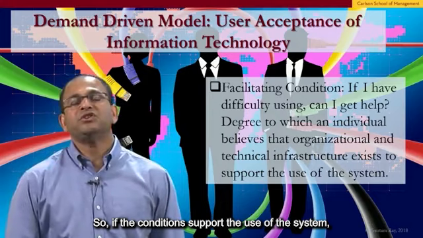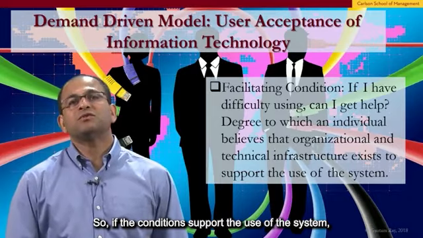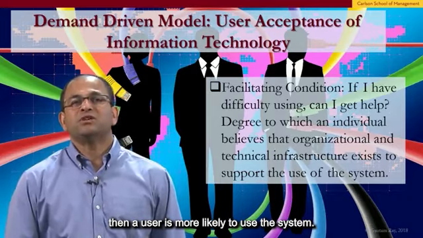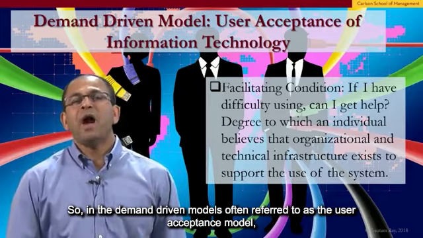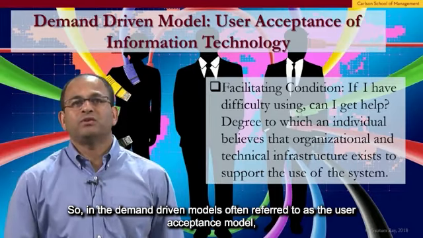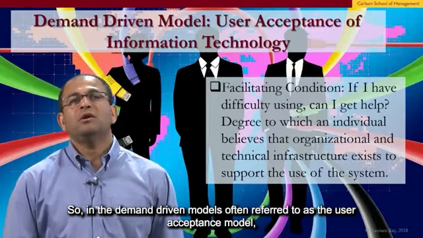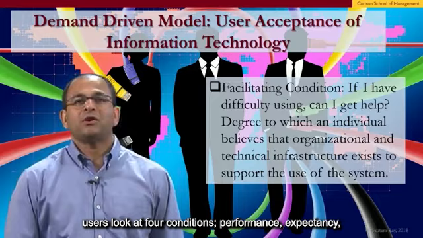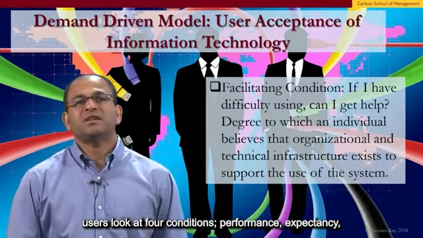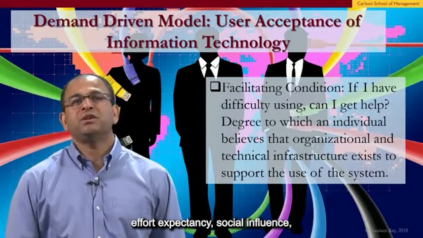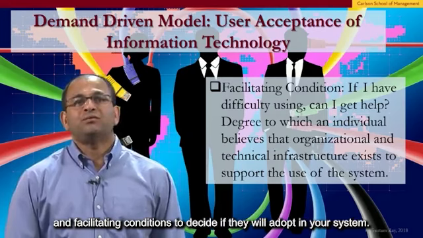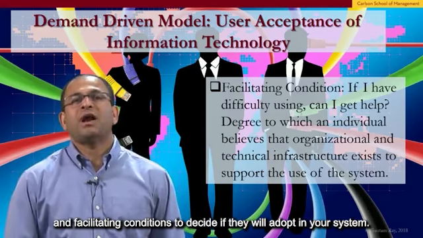So if the conditions support the use of the system, then a user is more likely to use the system. So in the demand-driven model, often referred to as the user acceptance model, users look at 4 conditions: performance expectancy, effort expectancy, social influence, and facilitating conditions to decide if they will adopt the new system.